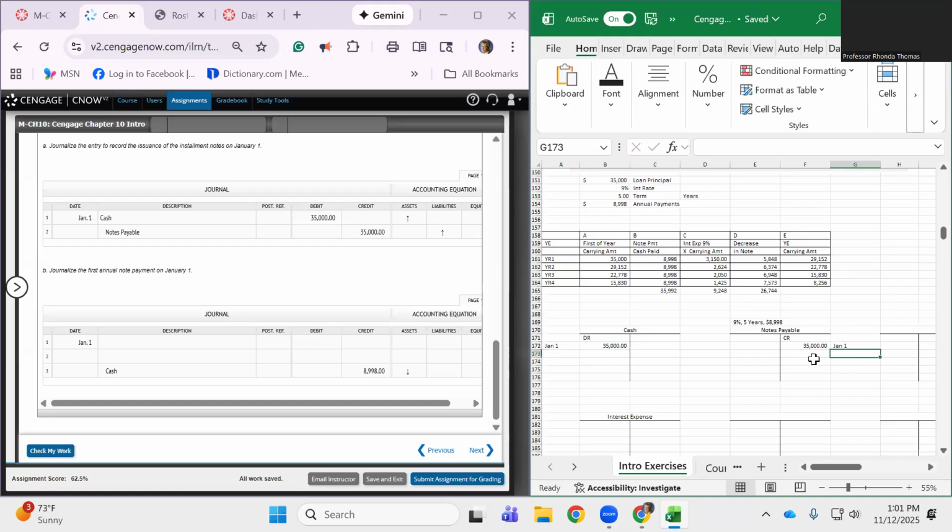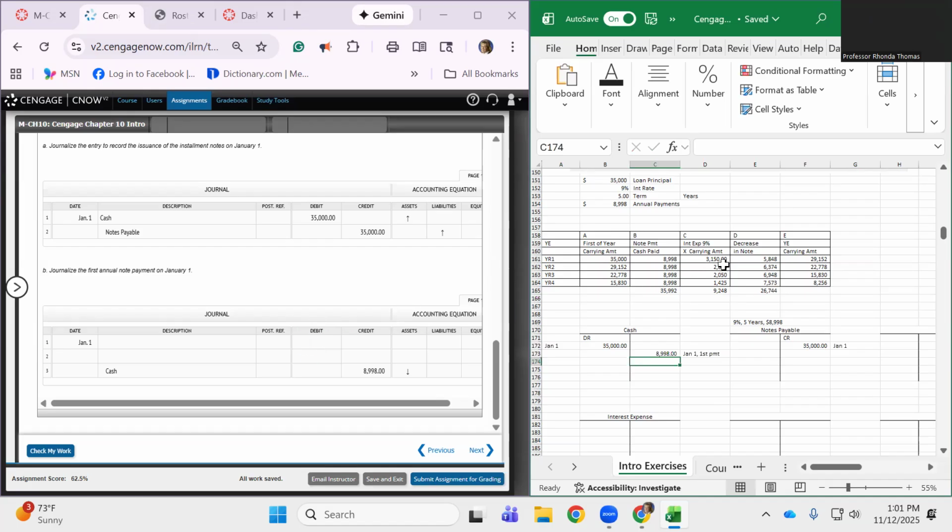And then now it's the next year, so we're going to make a payment. This is going to be the first loan payment, so I'll put January 1, first payment. The payment is going to be a credit to cash of $8,998.